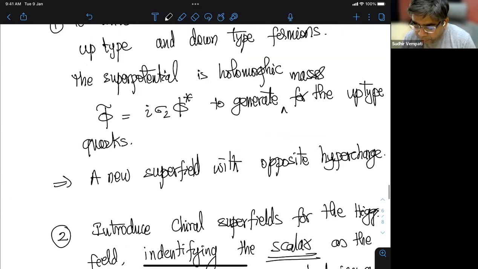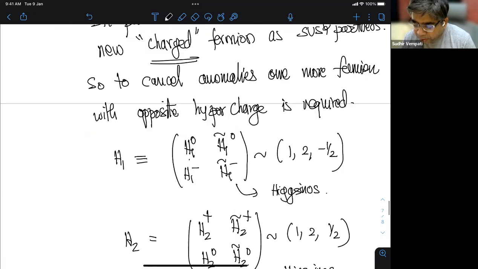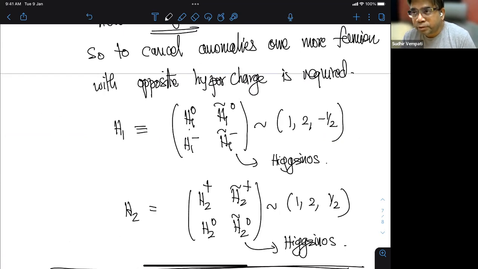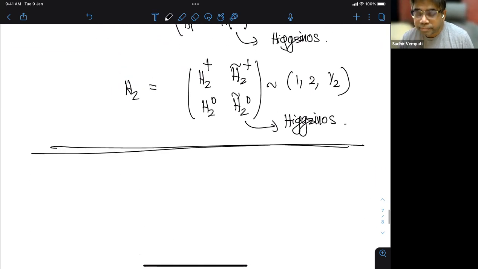But the Higgs should not be replaced by just one chiral superfield, because that doesn't give you the right couplings and doesn't cancel the anomalies. So introduce two Higgs doublets, one for the up type and one for the down type, so that you can have conserved supersymmetry easily.